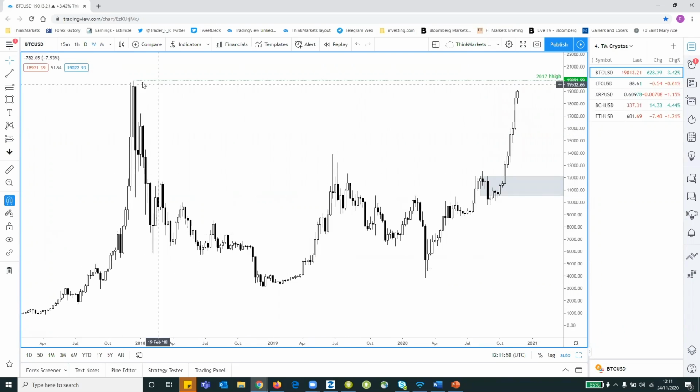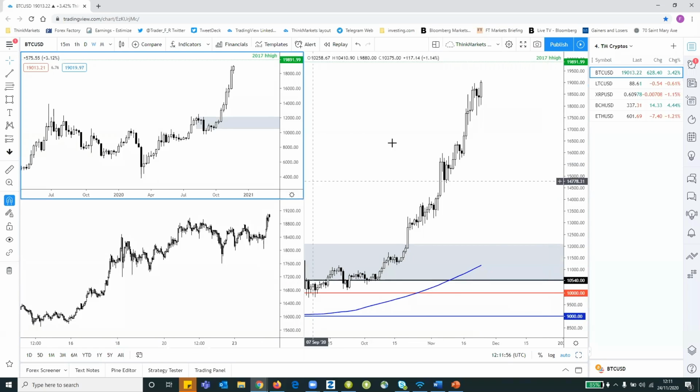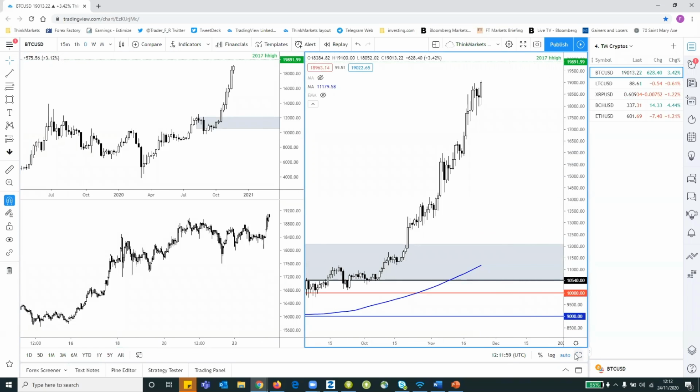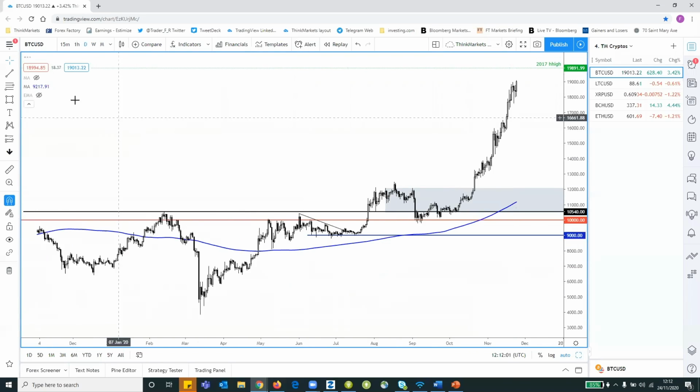So it does its own thing, and once again it proves to be some sort of asset that is driven by a different fundamental backdrop.